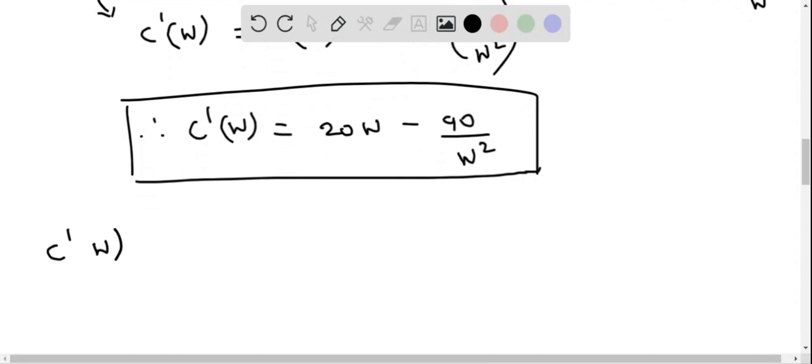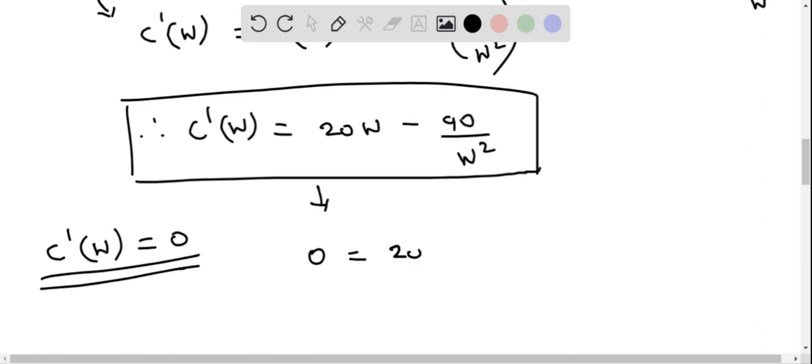We have to check at what value of W the cost is minimum. For that we need C prime of W. We have it here, so we set this equal to 0. So when I do that, this gives 0 equal to 20W minus 90 by W square.